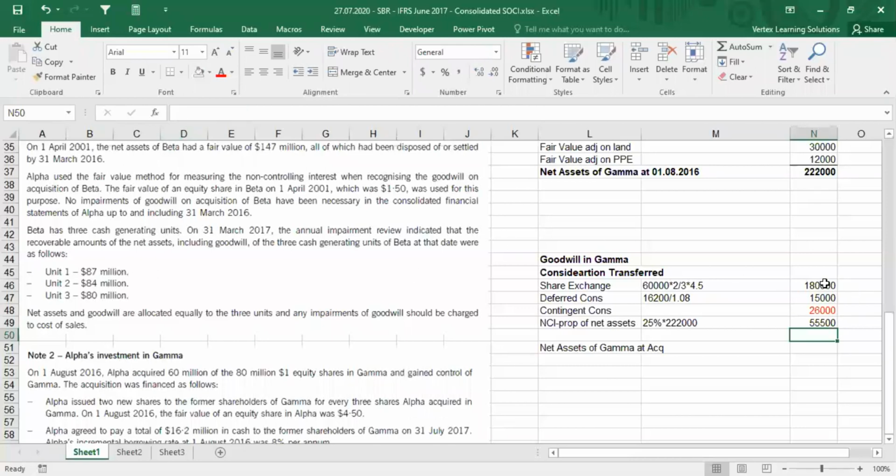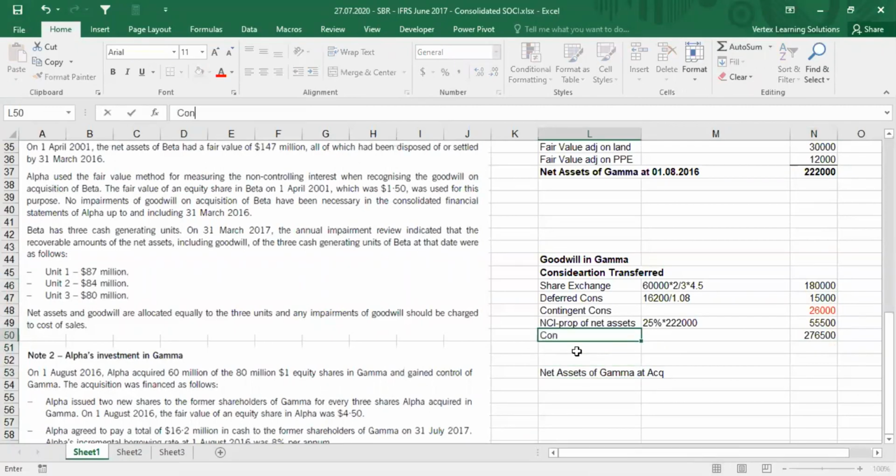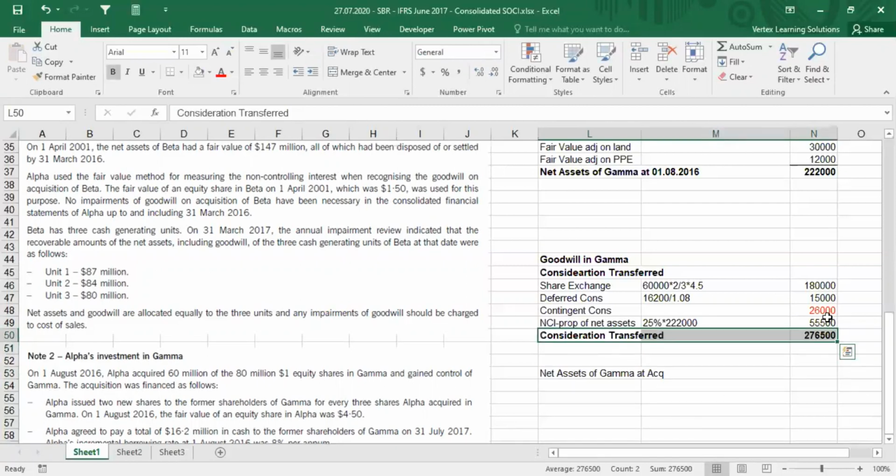So we say that total consideration, here we find out. See here, for gamma, your consideration consists of 4 things. Number 1, the share exchange by the parent. Number 2, the deferred consideration and the present value of that. Number 3, the contingent consideration. And number 4, the NCI, which is calculated as proportionate of net assets.